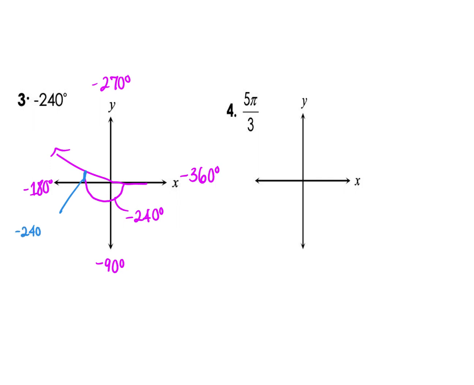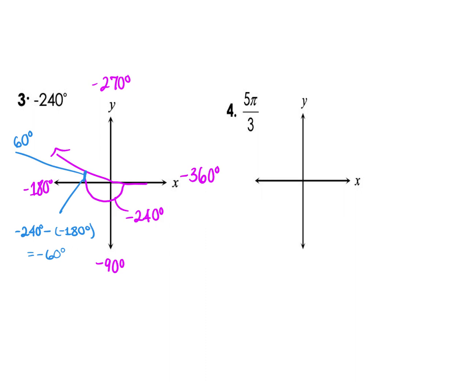We need the answer to be positive, but we can think about it like, what if we do minus 180 degrees? As long as we remember this has to be positive at the end, it'll be fine, because this will be negative 60 degrees. It has to be positive though. No matter what, reference angles are positive. So we can say it's 60 degrees.